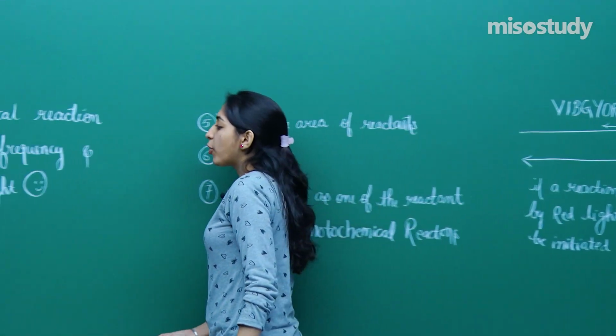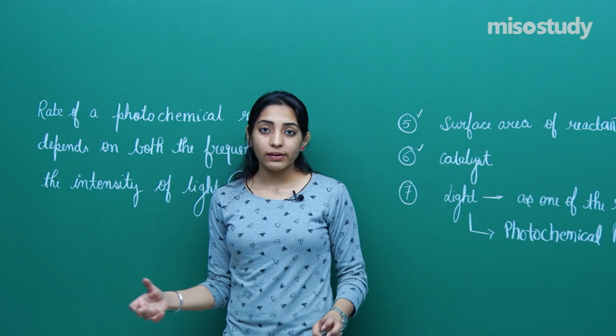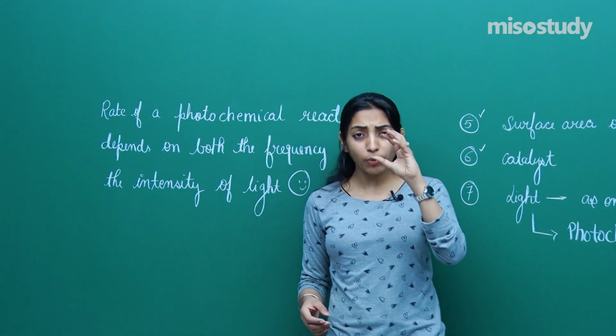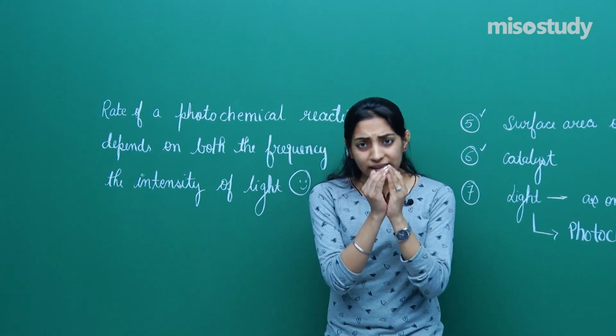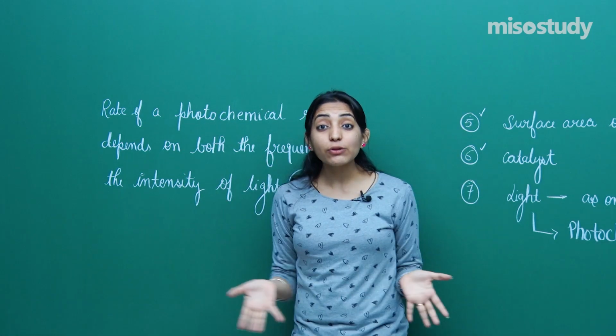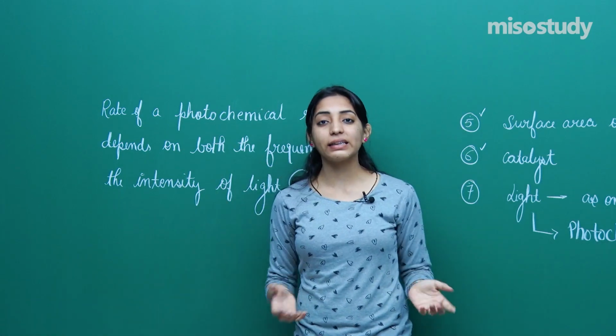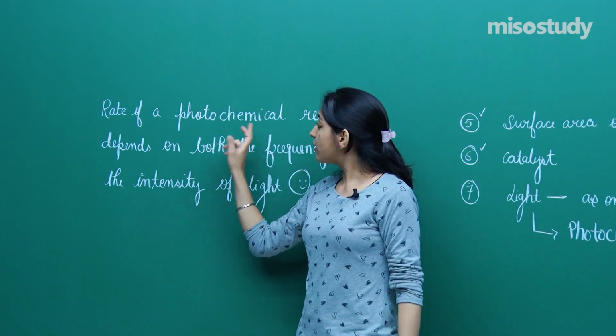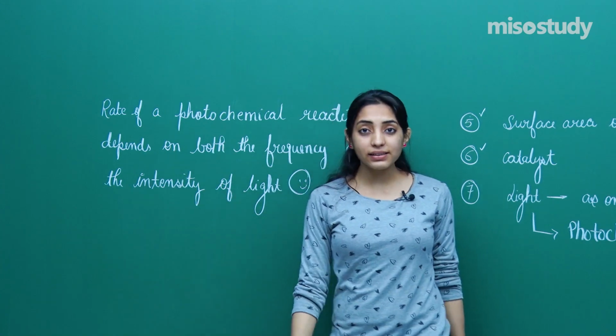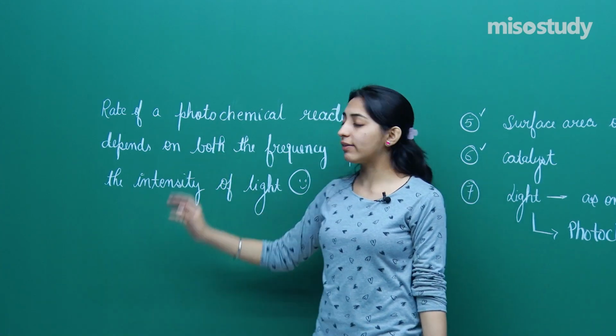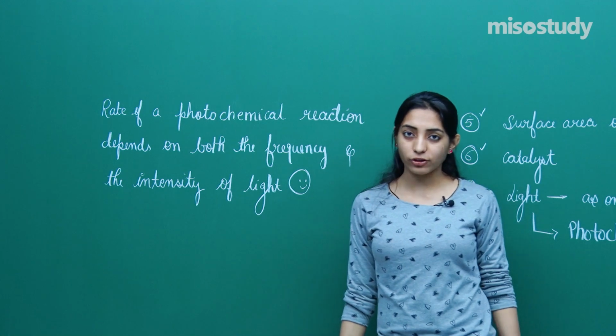And the second most important thing is the intensity of light. Are you taking a light bulb of a smaller intensity, or are you taking a huge bulb of a higher intensity? So it's both the frequency and the intensity of the light which are going to decide the rate of a photochemical reaction.